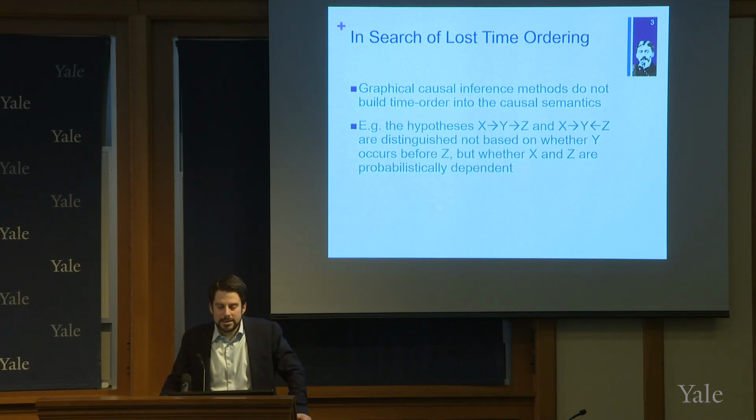So, for instance, if we have these two hypotheses, x causes y causes z, or x and z are causes of y, in standard constraint-based methods, we do not distinguish between these hypotheses by saying that if the first is true, then y comes before z, and if the second is true, z comes before y, but rather in terms of the probabilistic implications.